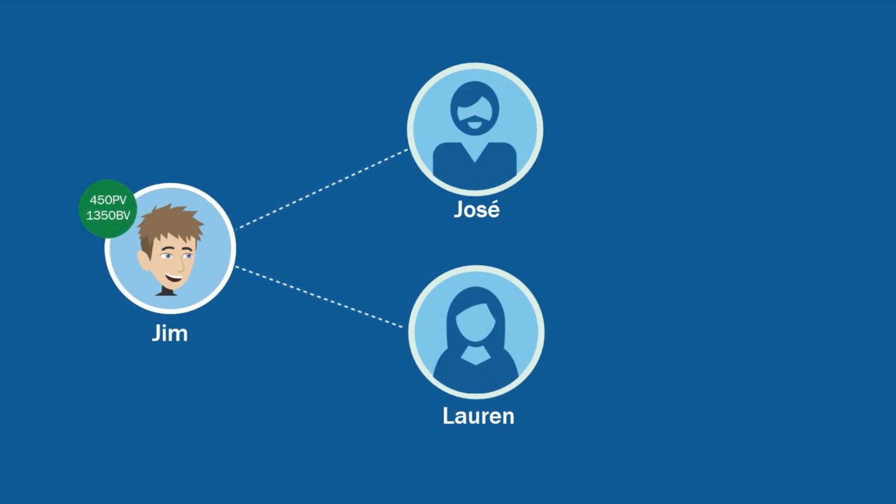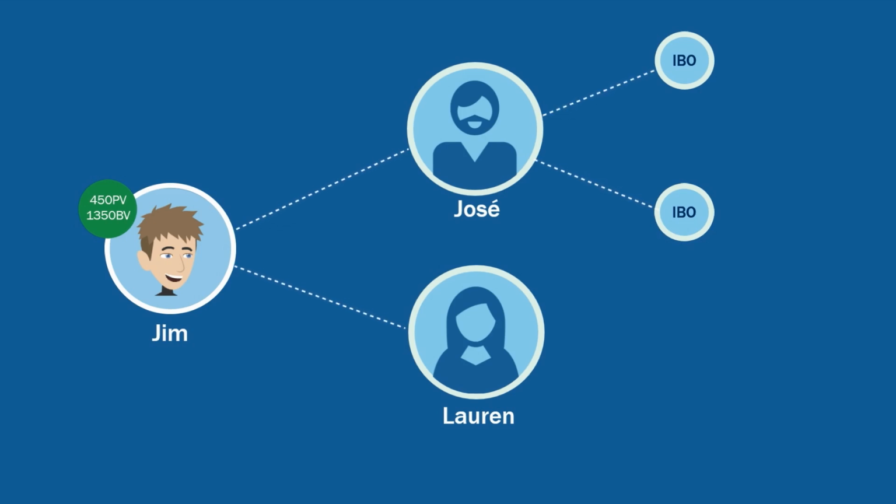Through product sales, Jim earned PV of 450 and BV of 1,350. Downline IBO Jose has been working hard and in 2 months sponsored 2 downline IBOs. Attaboy, Jose! Step 1. Identify Jim's group PV. To do that, you need to add the frontline IBO's group PV to Jim's personal PV.